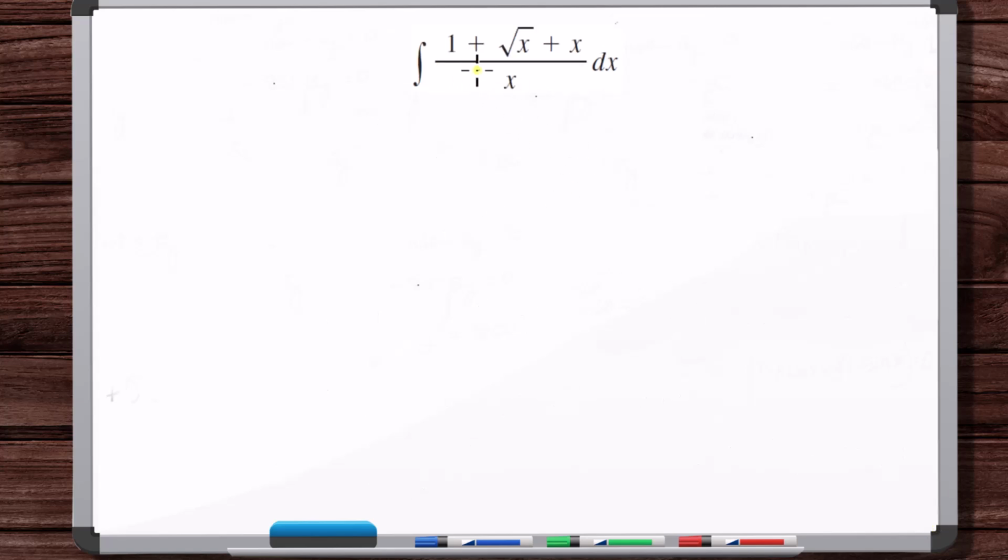Okay, here we can separate this into the sum of 3 terms. So x to the 1/2 divided by x to the 1st is 1 over x to the 1/2.